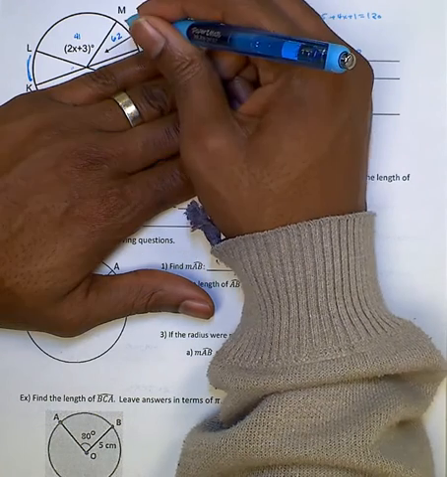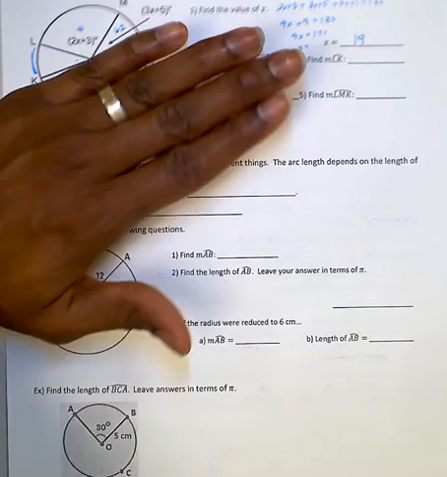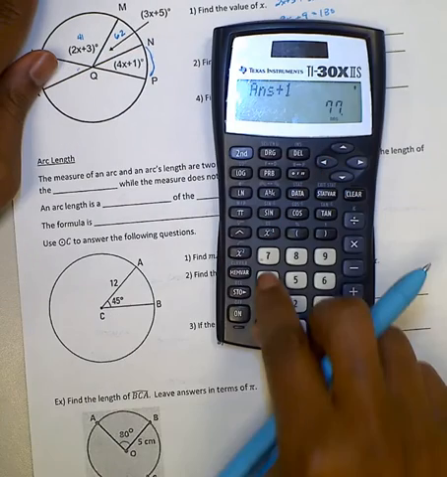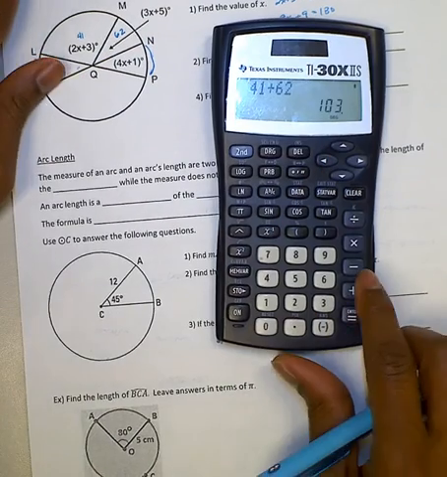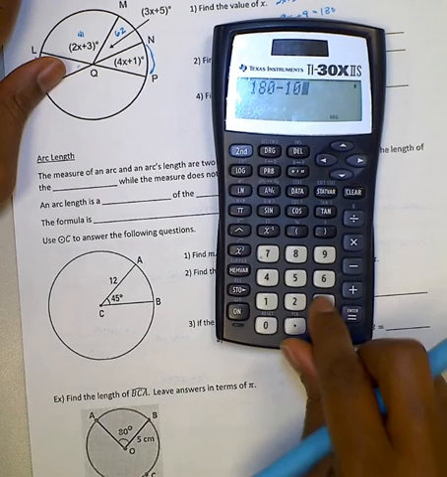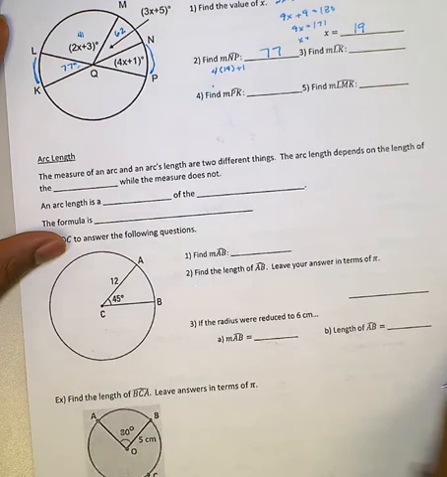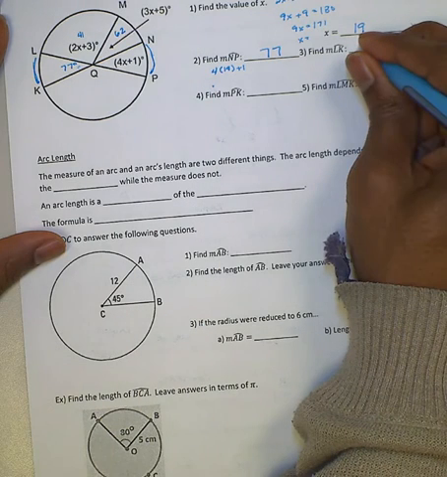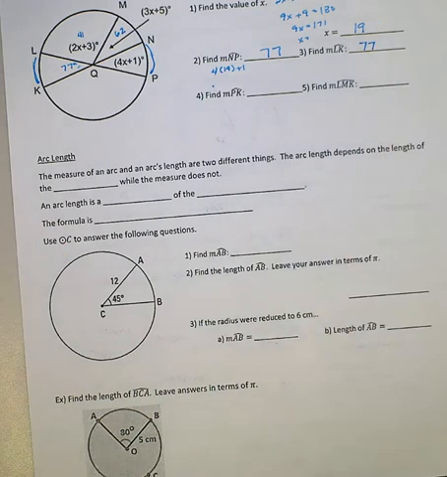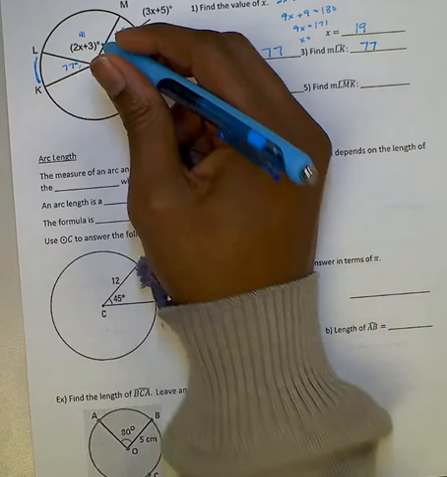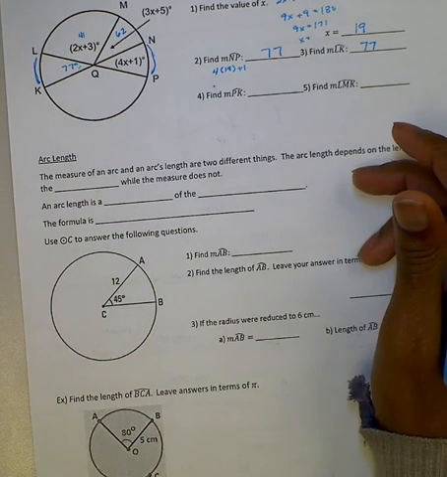So I know 41 plus 62 equals 103. 180 minus 103 gives us 77. So this will be 77 degrees. Remember that arc corresponds with that central angle.